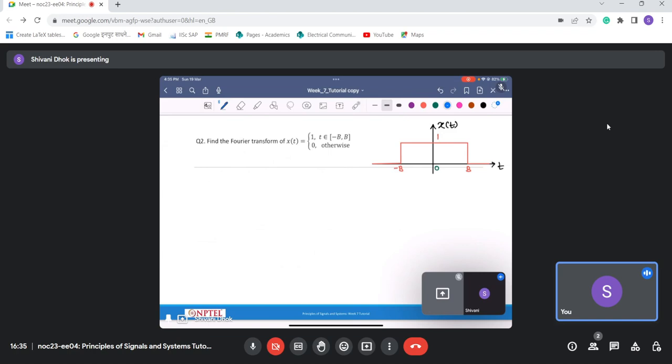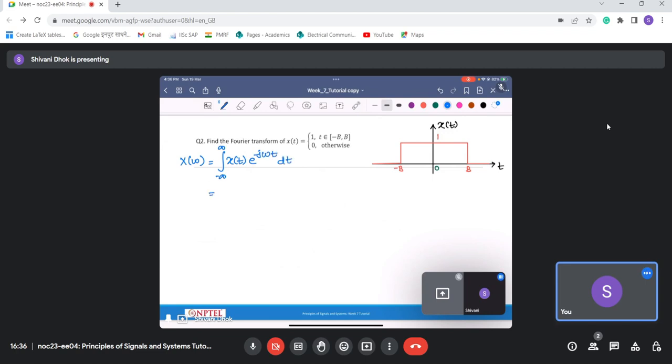This is the signal that we are having and we need to find the Fourier transform of this. So let us do that. So we have X of omega is equal to integral from minus infinity to infinity x(t) e^(-j omega t) dt.